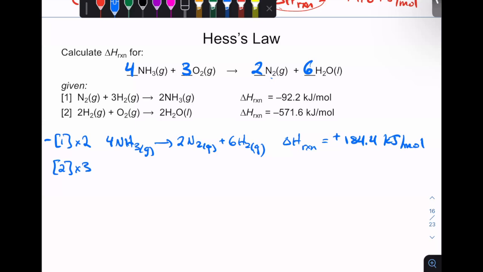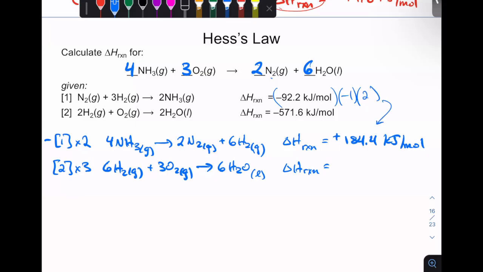That's going to give us 6 H2 gas plus 3 O2 gas will combust and give us 6 moles of H2O liquid. So the delta H for this reaction has to be negative 571.6 times 3. So here, let me write down what I'm doing. I'm taking this value, swapping the sign, and multiplying it by 2.